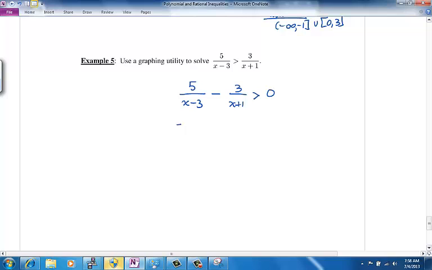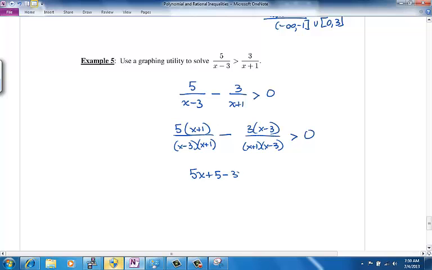So this would be (5x plus 1) over (x minus 3), minus (3x minus 3) over (x plus 1)(x minus 3). So multiply the first term by (x plus 1) over (x plus 1), the second one by (x minus 3) over (x minus 3). Then you've got a common denominator, so we can do 5x plus 5 minus 3x plus 9 over (x minus 3)(x plus 1) greater than 0.